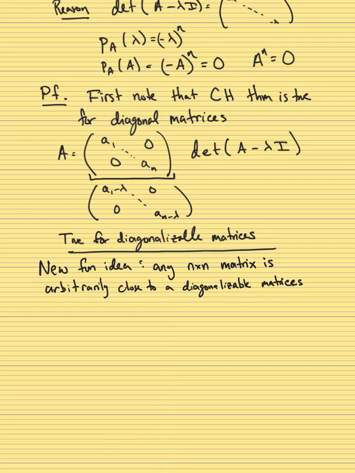What I mean by this is that we can wiggle, I'm being kind of vague, every entry by less than epsilon, and this will make the matrix have n distinct eigenvalues.